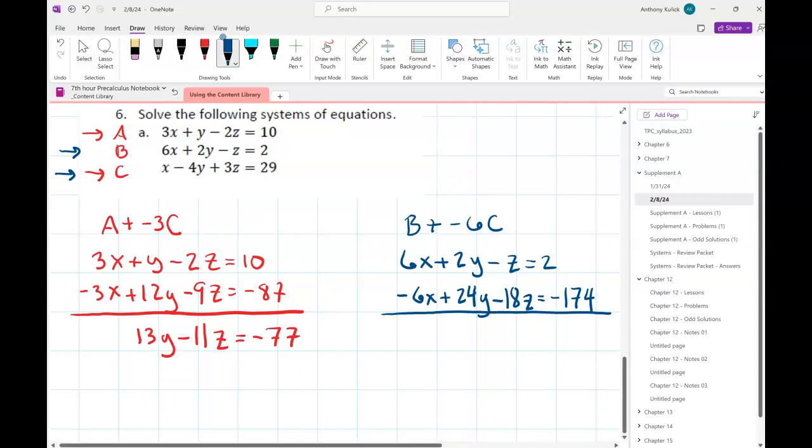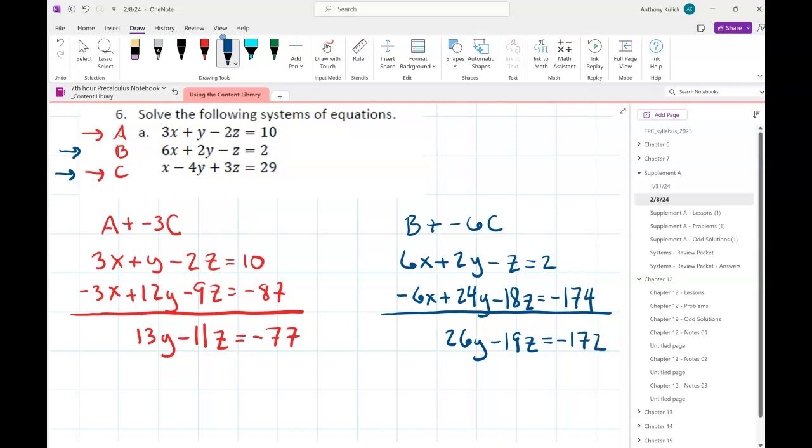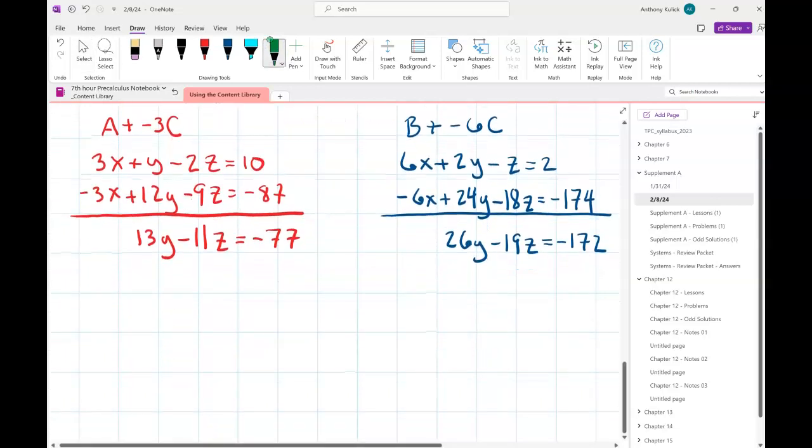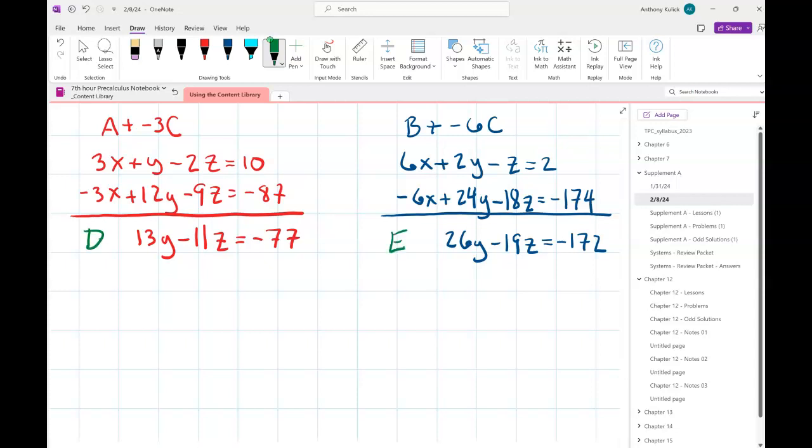So when I add down, I get 26y minus 19z equals negative 172. What do I notice here? I'm going to call these two guys my new equations D and E.